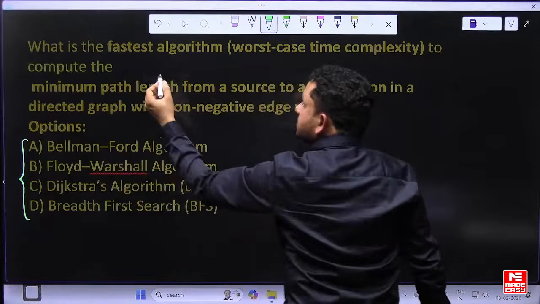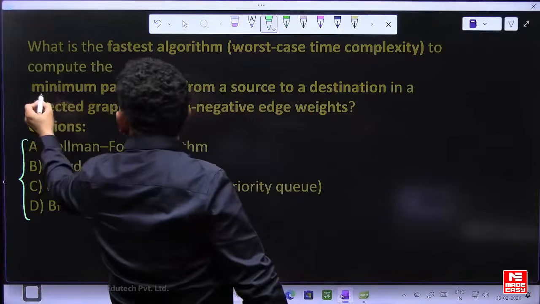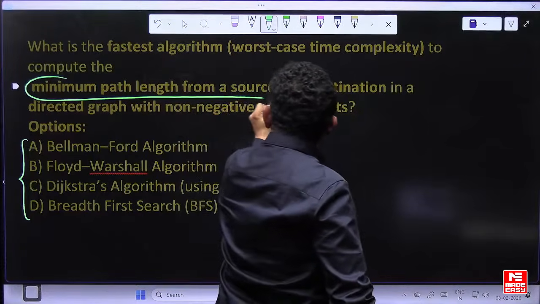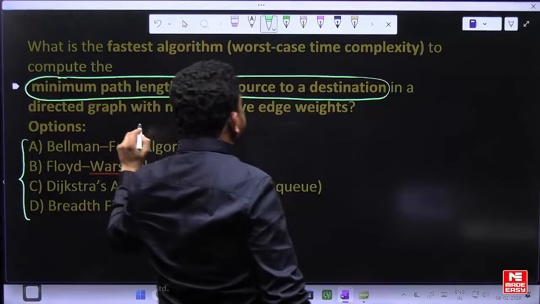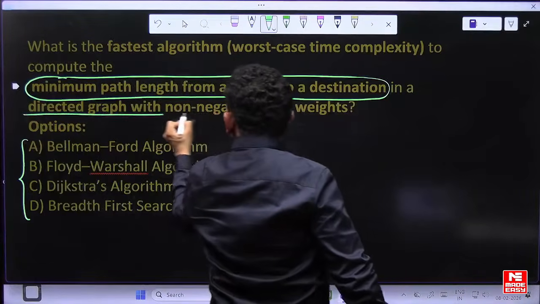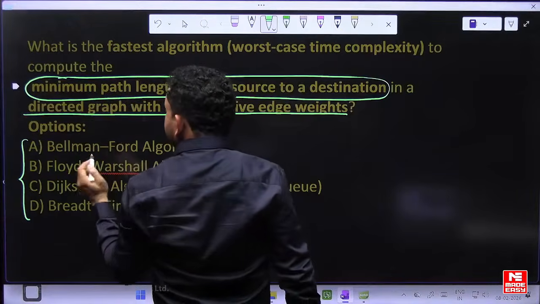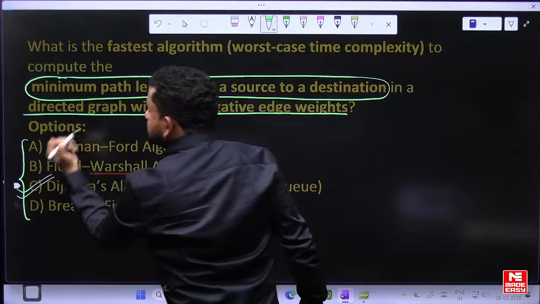Okay, the next question, actually I didn't receive the options, but from the question I am just guessing the options. So what is the fastest algorithm, worst case time complexity, for the minimum path length, shortest path distance in a directed graph of non-negative edge weights? So single source shortest path algorithm, Dijkstra is better.